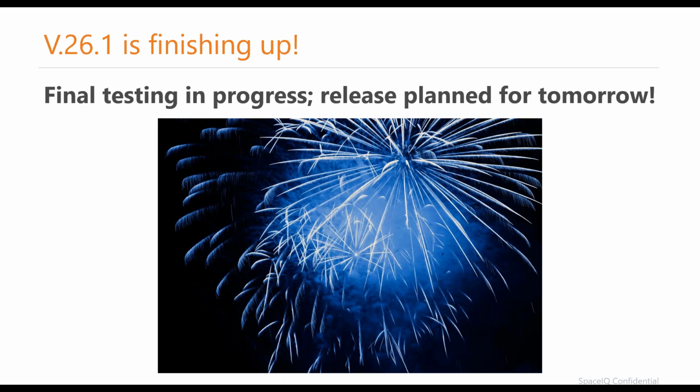So lots going on, and just a note on 26.1, it is finishing up. We are dotting the I's, crossing the T's, finishing up our testing, and we do plan to release it tomorrow. So really excited. We've been on that quarterly cadence. At the end of this month is our next quarterly cadence, and we're really excited to bring it to you quite soon.